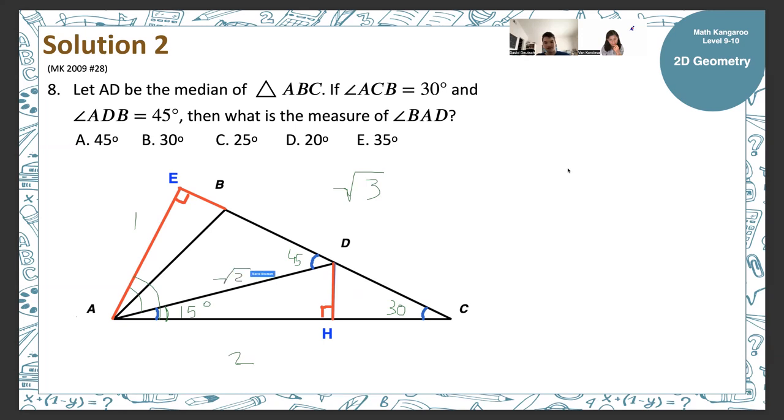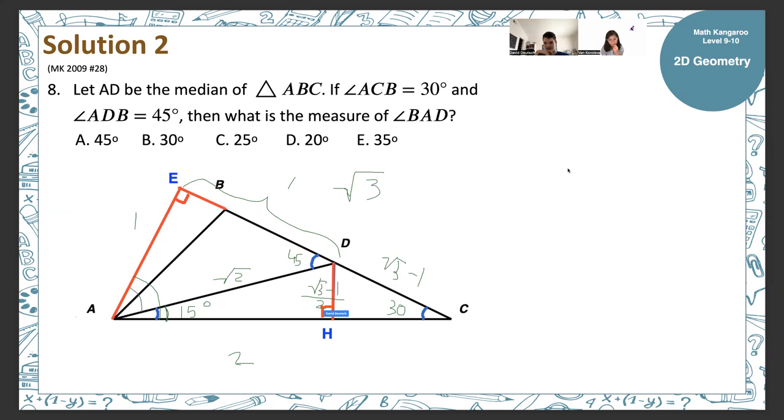I know that since these are the same, this is 1, so this whole thing is also 1, right? Which means that this is root 3 minus 1. So I'm just chasing sides here. It's really not that complicated, which tells me that this is root 3 minus 1 over 2, because you have half of this hypotenuse.